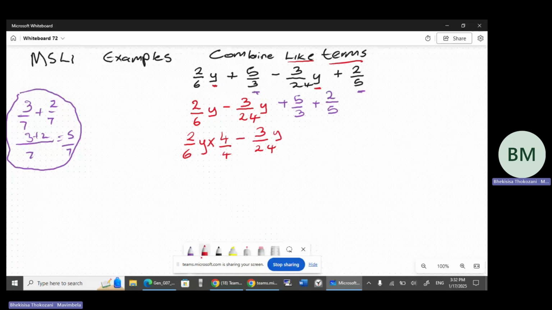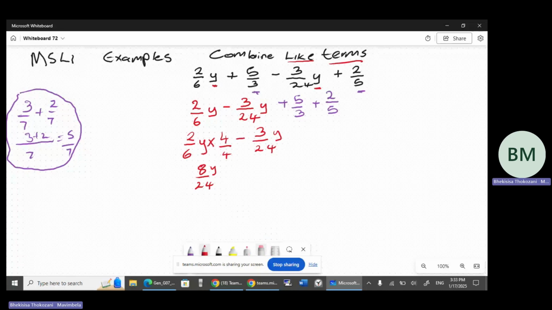Now, what is 2 times 4? The answer will be 8. Remember, there is y here. So in other words, this 2y multiplied by 4 is then 8y. Do not forget that y there. All over 6 times 4 will give us 24. All right.